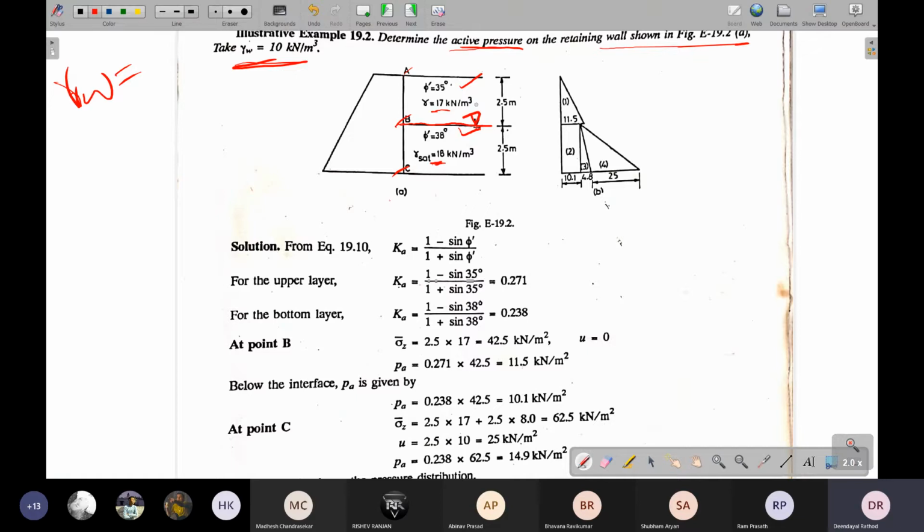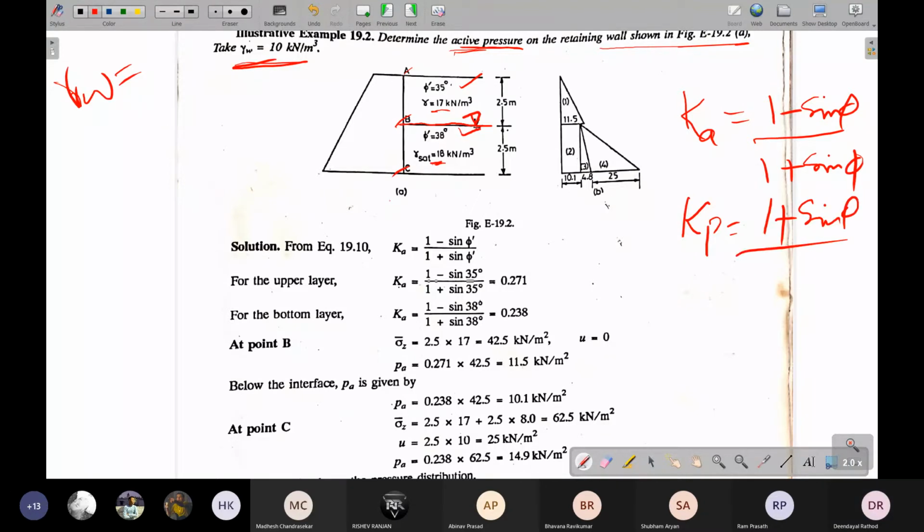Now, as it is mentioned as active earth pressure, our focus should be on Ka. What is the value of Kp? Reverse of this one. Ka is asked, that's why I'm writing. Kp is 1 plus sin phi by 1 minus sin phi. Ka is 1 minus sin phi by 1 plus sin phi. Understand?